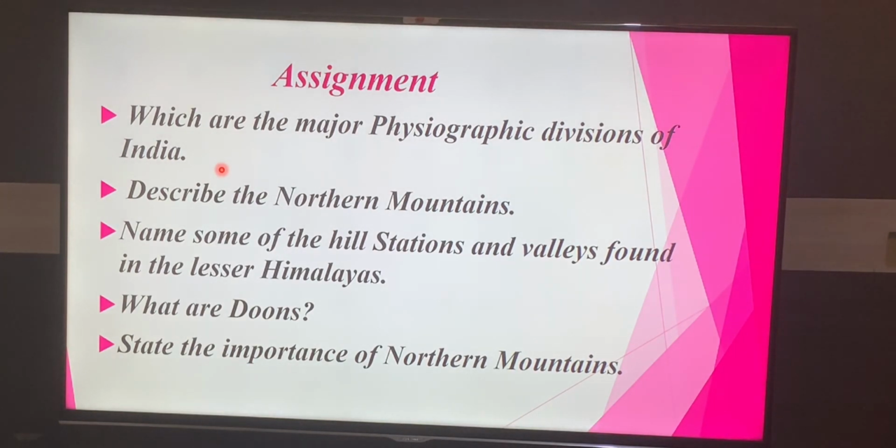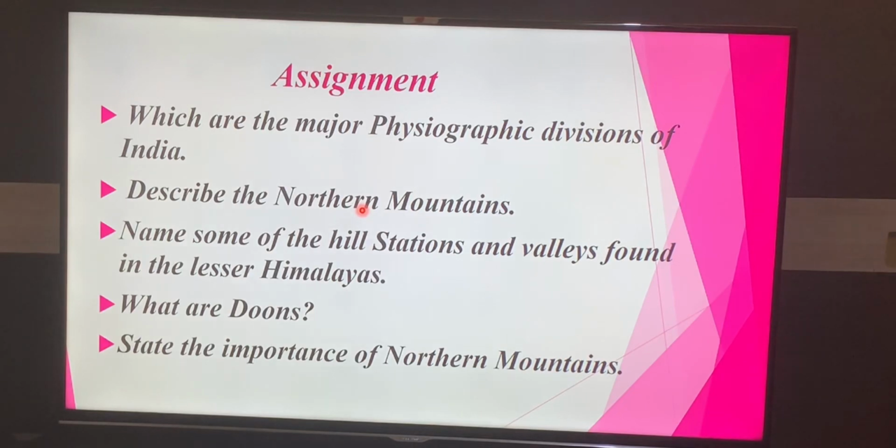These are the 4 physiographic divisions you have to write in this. Next one, describe the Northern Mountain. You will write only about the Northern Mountain. You will not explain about Greater Himalaya, Lesser Himalaya and Siwalik Range. So you will explain only about the Northern Mountain.